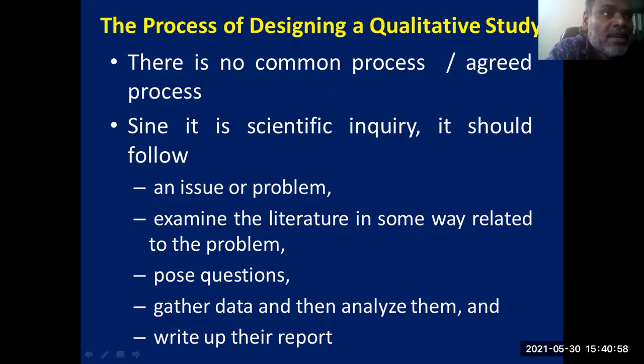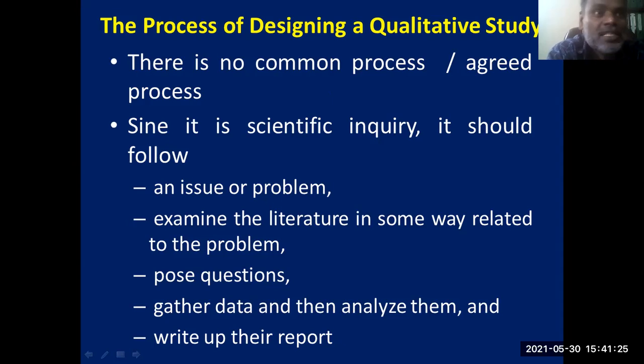Several authors have given that. But in qualitative, it depends upon the practitioner or the researcher. The research process can be varied. For me, I can say you can start from the review of literature. But in a quantitative study, it is not possible to say that. In a qualitative study, I can say you should do the review of literature first, then you can do the rest of the things.